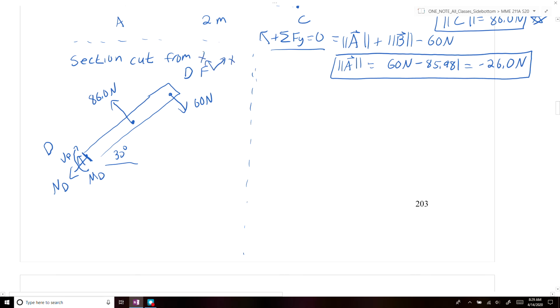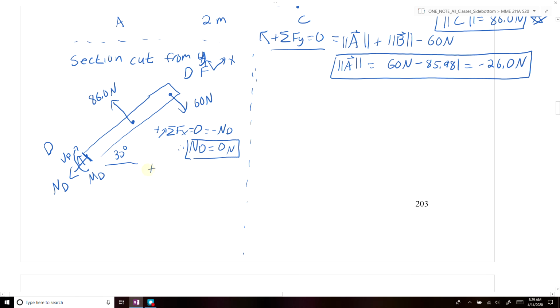That's our x-axis being along the section, and our y-axis being perpendicular to the section. So if we do that, we'll sum all of our forces in the x direction and set that equal to 0. If we do that, we will get just minus ND. Therefore, we can say that the normal internal force at point D is equal to 0 newtons.